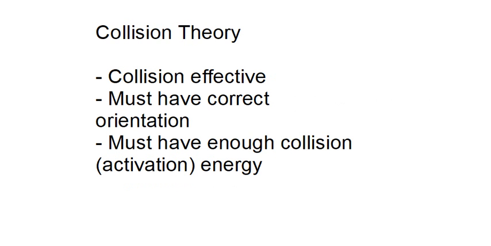Okay, collision theory is the theory that says that for a chemical reaction to occur, a collision has to be effective. So what does that mean? First of all, it means that they have to have the correct orientation. If we have two particles and they go on head on, it would not be effective because it's the same thing as hitting itself.